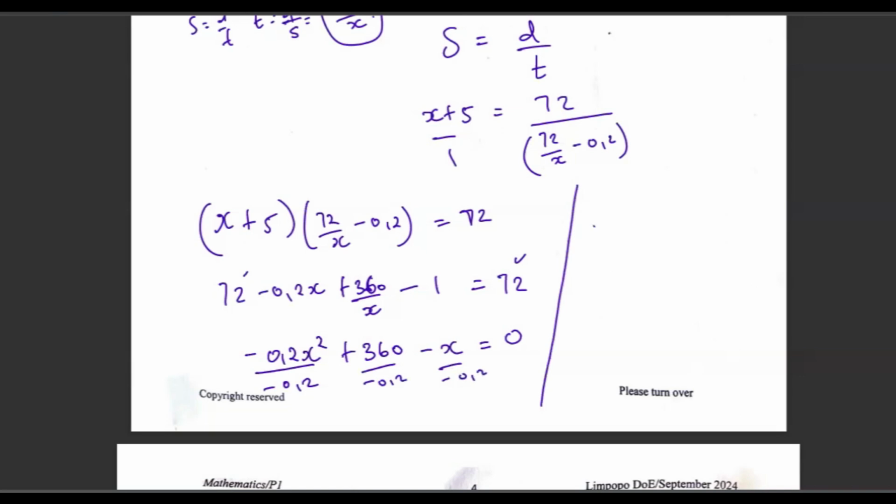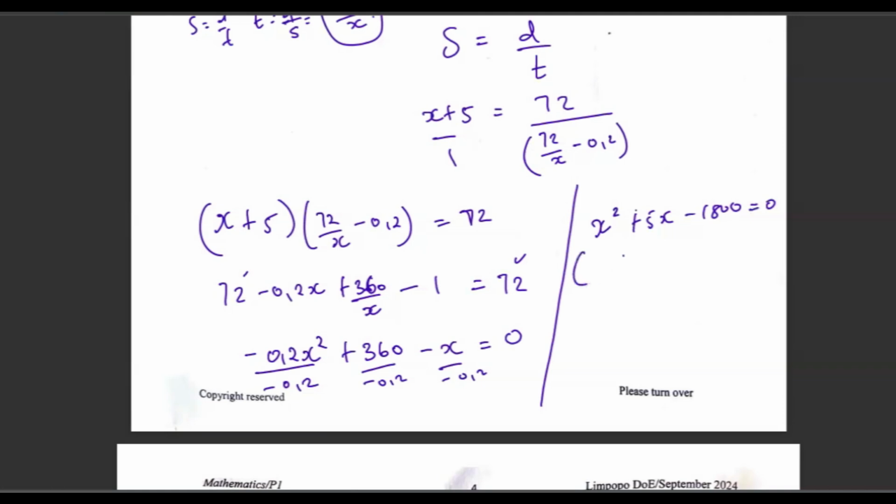So that's going to give me x squared. What is 5 times 360? I'm getting 1.8. And then this is going to be 5x. Okay, so let me just rearrange it. Minus 1.8 is equal to 0.